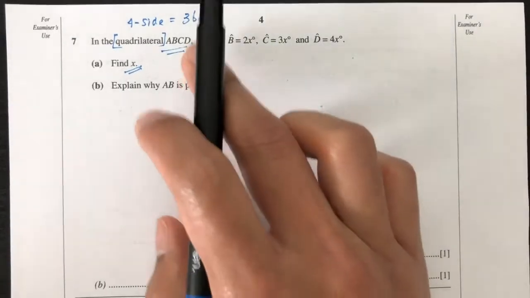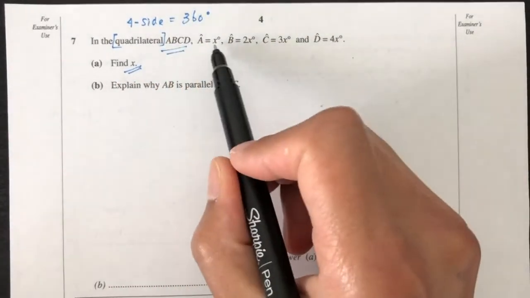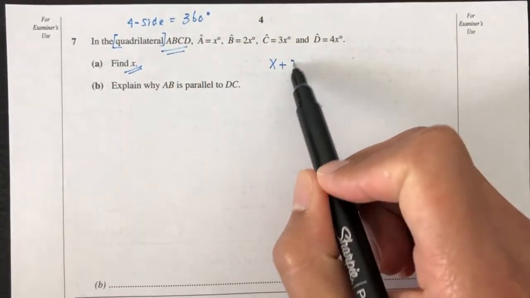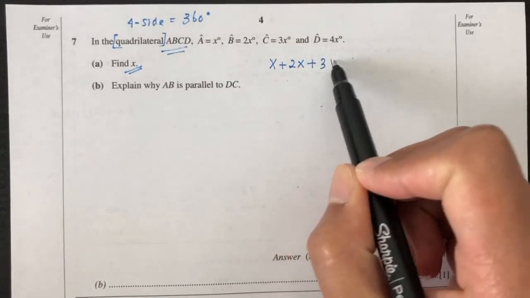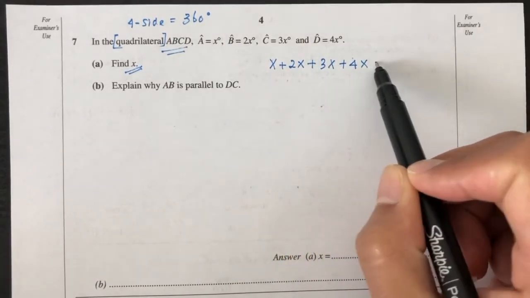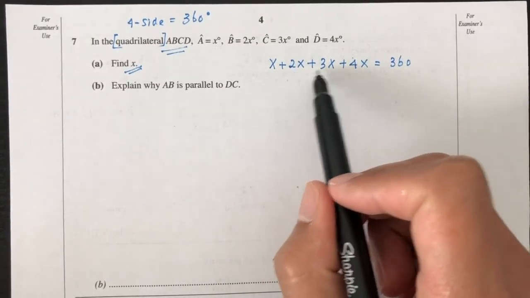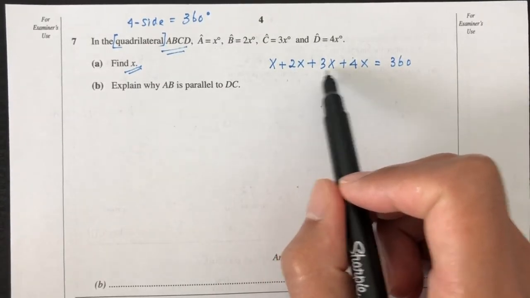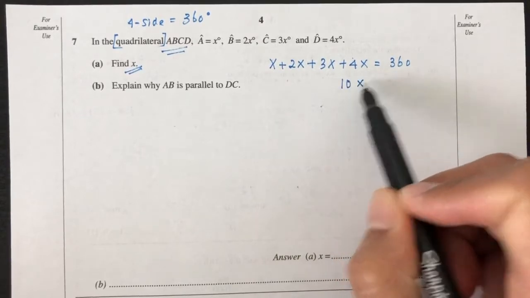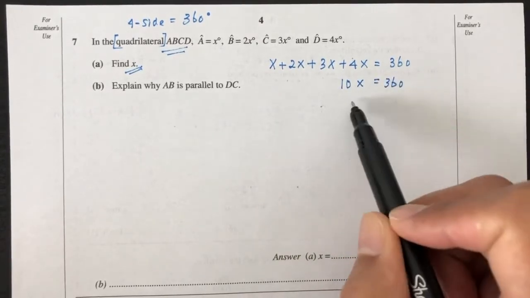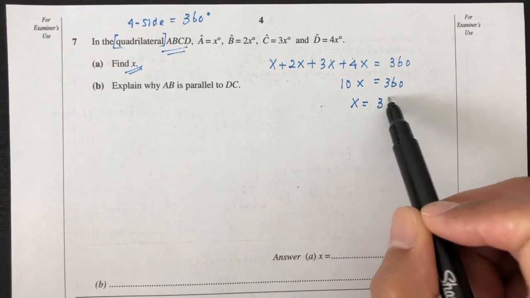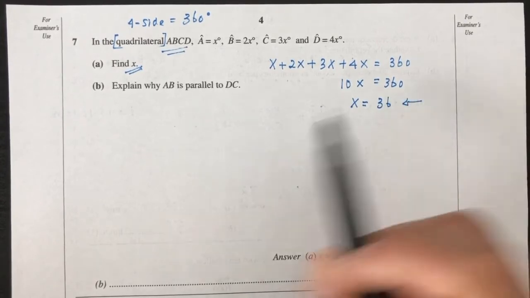So we have to add everything: x plus 2x plus 3x plus 4x needs to give you 360. 1 plus 2 is 3, 3 plus 3 is 6, 6 plus 4 is 10. 10x is 360, so x is 36. That's the value of x.